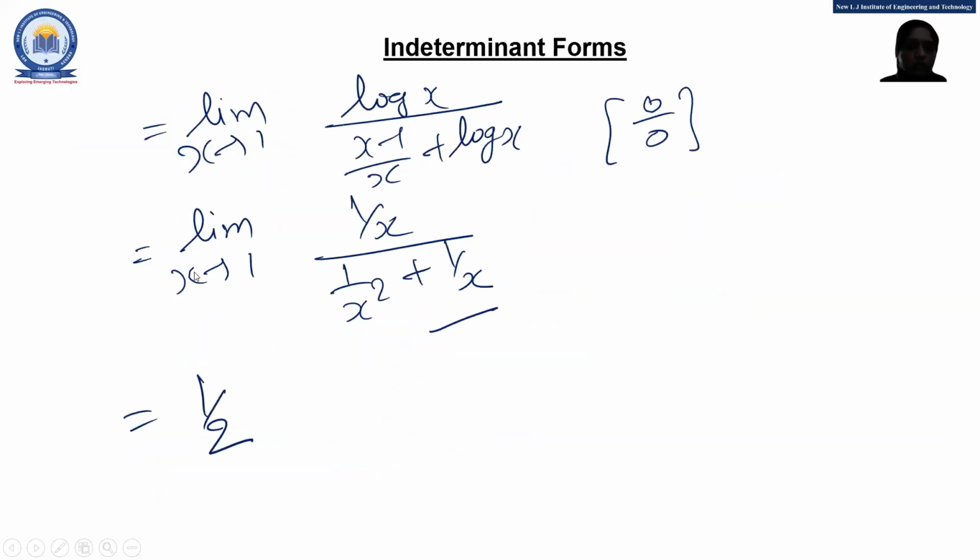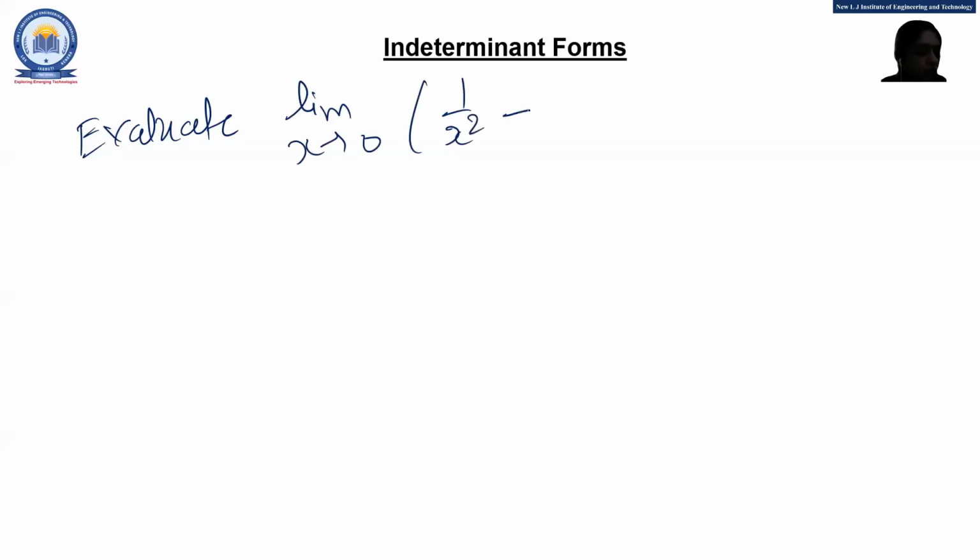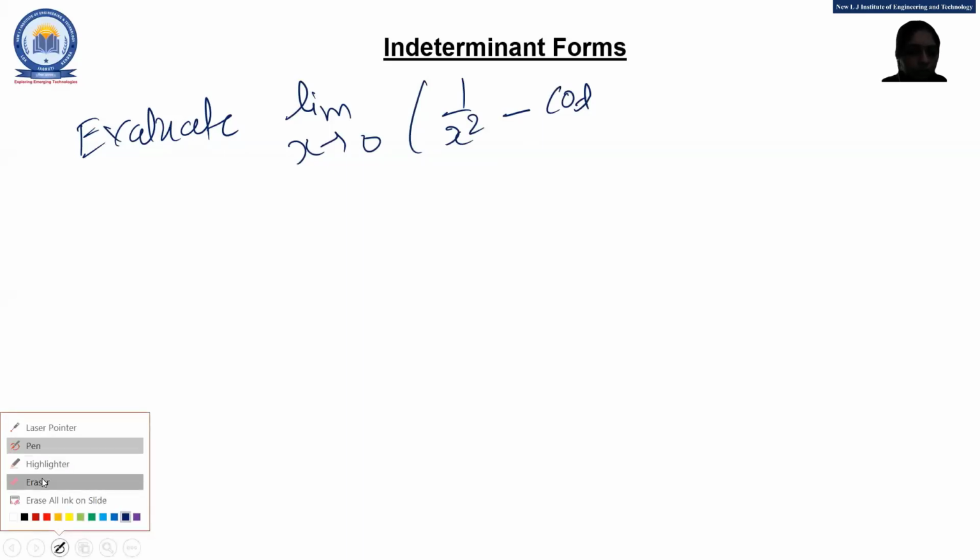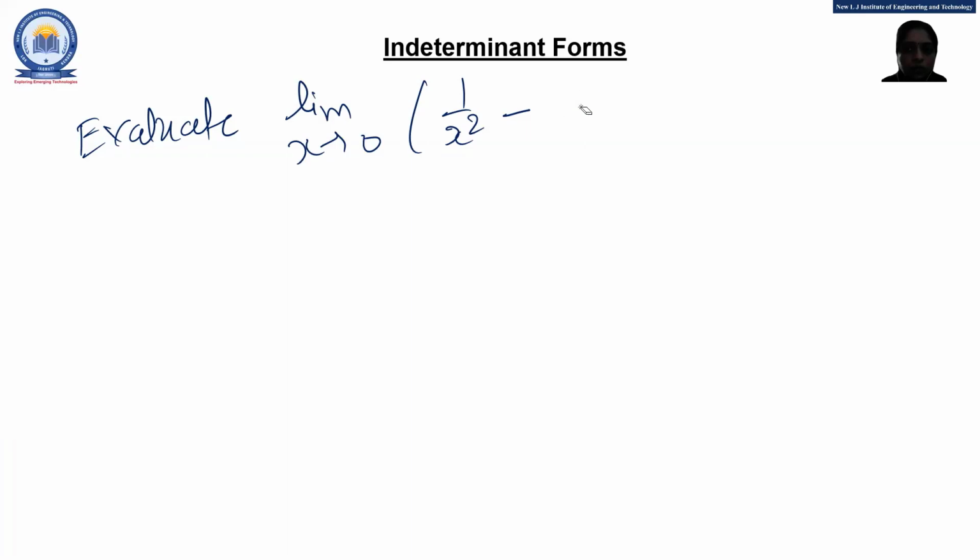Okay, so please note down one example for your practice, that is: evaluate limit x tends to 0 of 1 upon x square minus 1 upon sine square x.